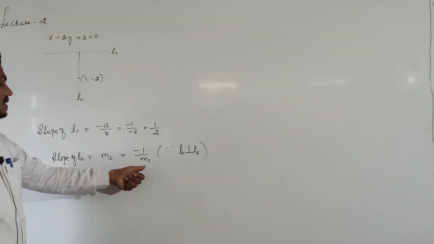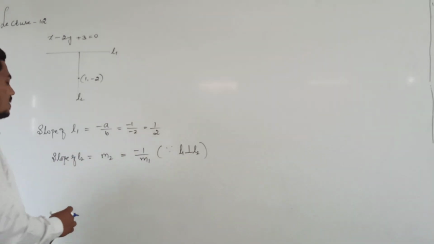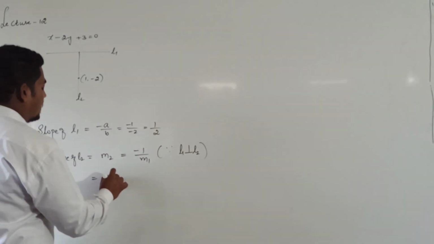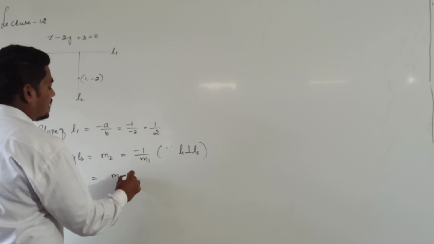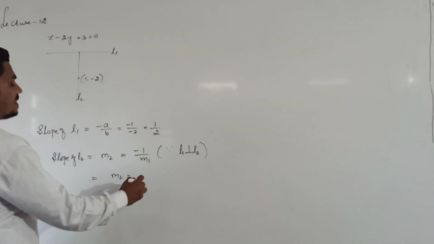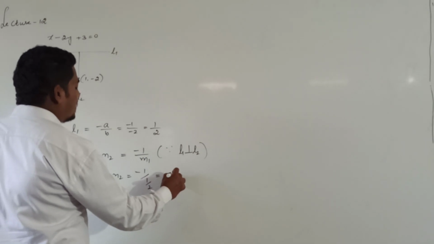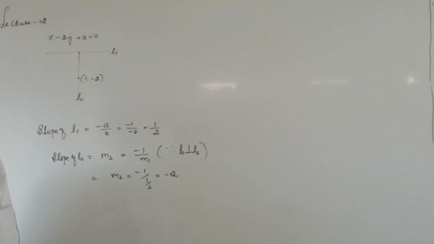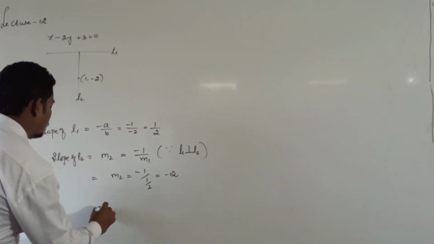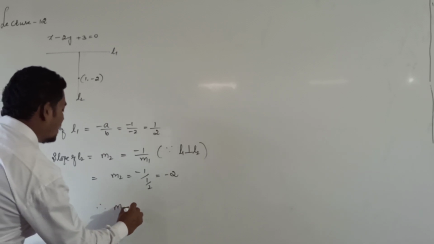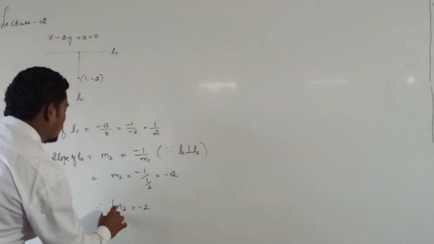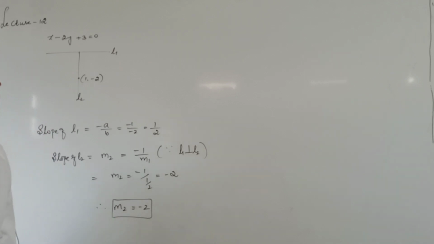If you multiply, m1 into m2 equals minus 1. Then what is the m2 value? m2 is equal to minus 1 divided by 1 by 2. The denominator of the denominator goes to the numerator, so the slope of our required line, m2, is equal to minus 2.